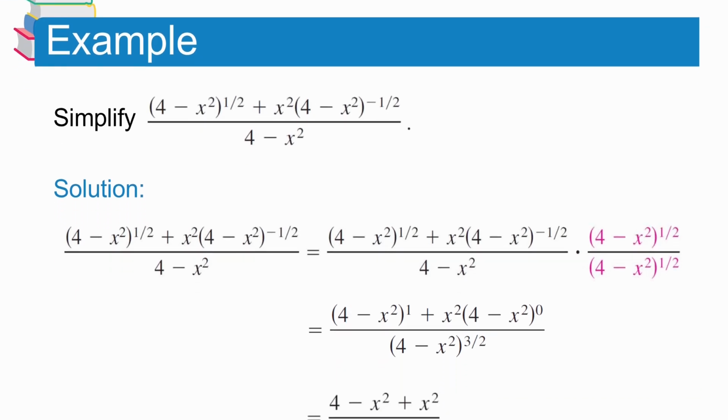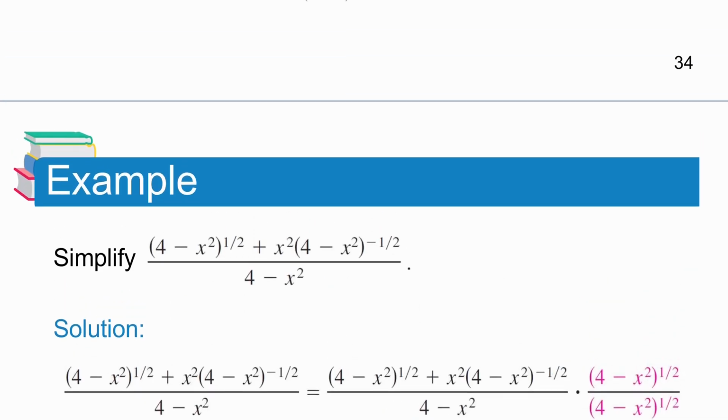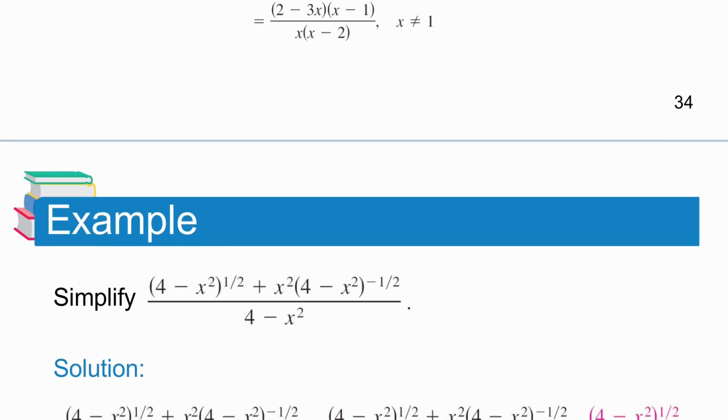And here's another example. This one's more complicated. Let's break it down a little bit. So the first thing that we want to do in this is we want to try to get rid of, especially, this negative 1/2. We don't want that.